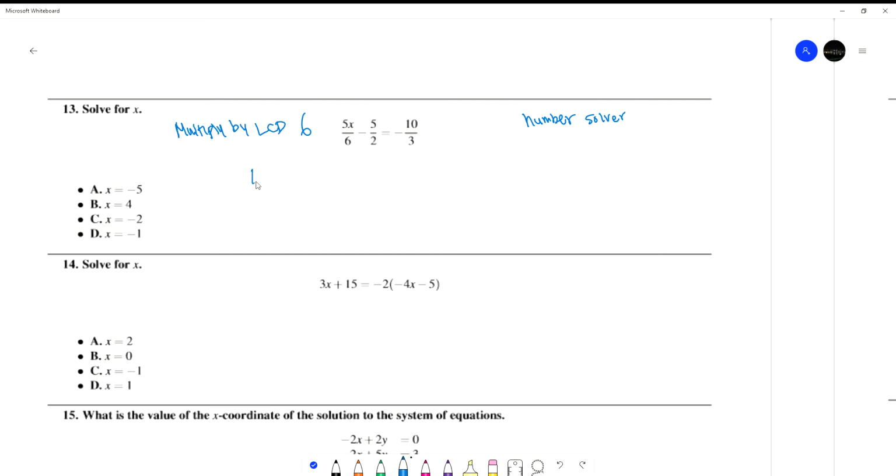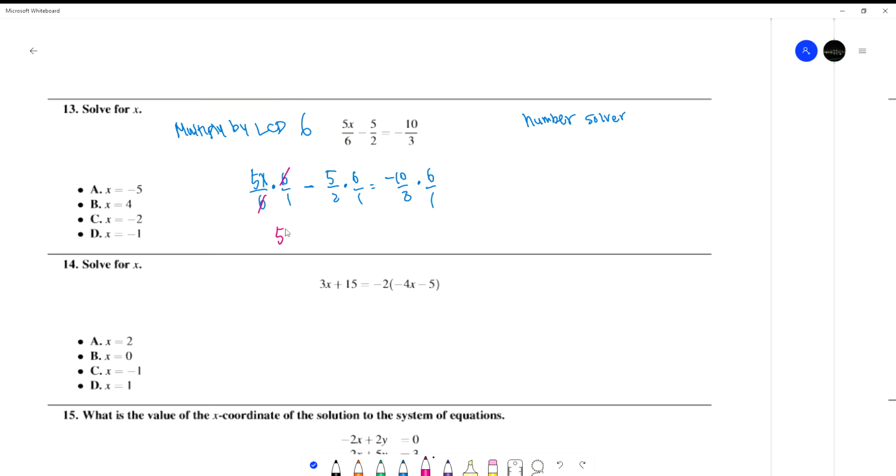So we have 5x over 6 times 6 over 1 minus 5 over 2 times 6 over 1 is equal to negative 10 over 3 times 6 over 1. So the 6's cancel out.